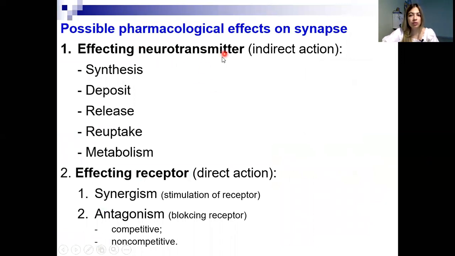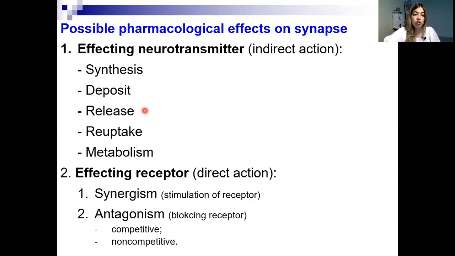The possible pharmacological effects on the synapse. What can we affect by the drugs? We can affect indirectly on the synapse. How? Affecting the synthesis. For example, we can stop that enzyme which helps to synthesize the acetylcholine. We can affect the deposition. We can stop the deposition, yes, we can somehow inhibit the transporter or something like that.